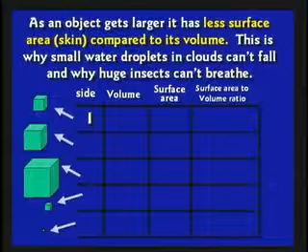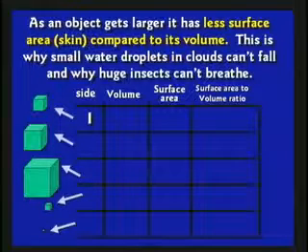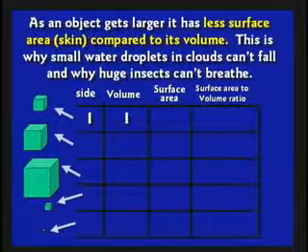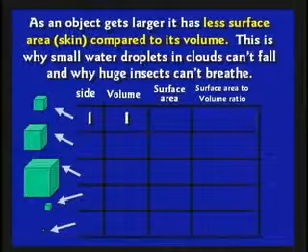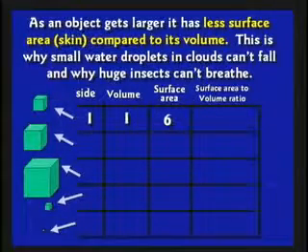If we had a cube that was 1 inch by 1 inch by 1 inch, the way you find the volume is length times width times height, so it has a volume of 1. 1 times 1 times 1 is 1. The surface area: there are 6 squares on a cube, like a dice has 6 sides. Each side is 1 square inch, so the surface area is 6.